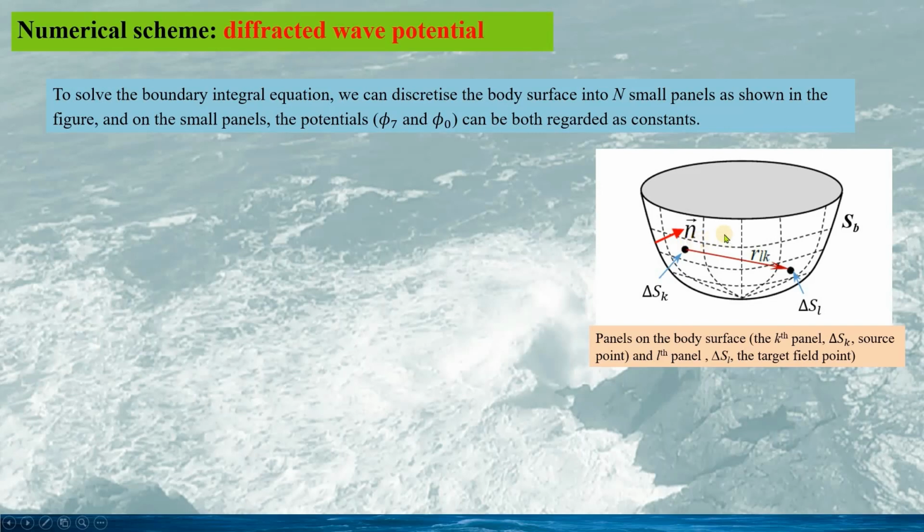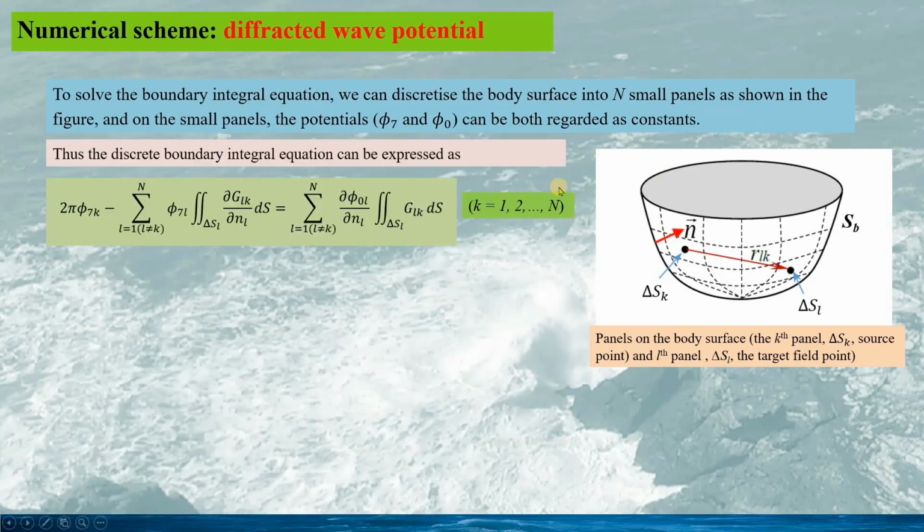And on the small panels, we can assume the potentials phi 7 and phi 0, and their normal differentiations would be constant. Thus, the surface integral would be only for the Green's function and its normal differentiation. The discretized boundary element equation is given as this.